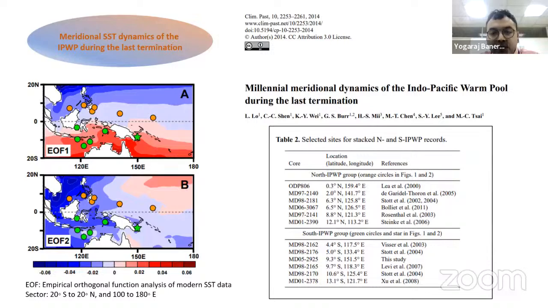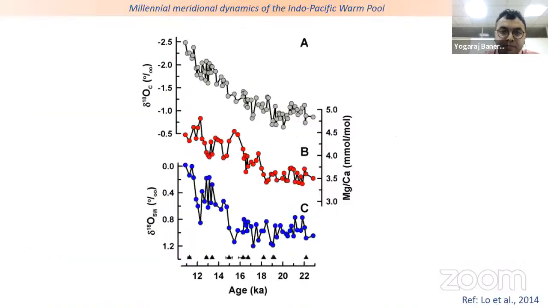And this is Table 2 from the main paper. All the core locations and the details have been derived here for the northern part of the Indo-Pacific Whirlpool and the southern part of the Indo-Pacific Whirlpool region that has been used in this particular study.